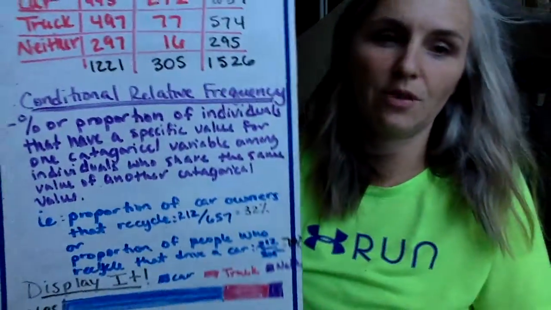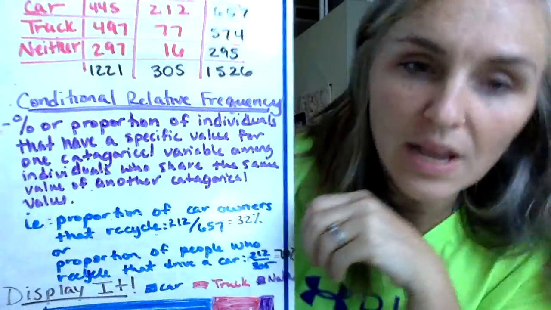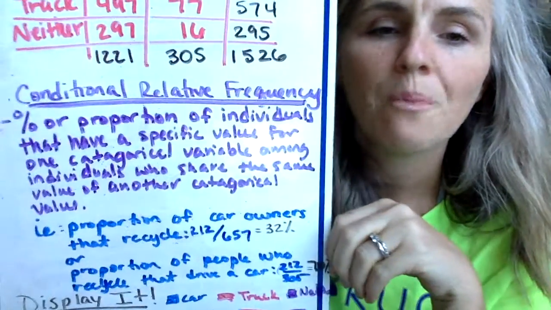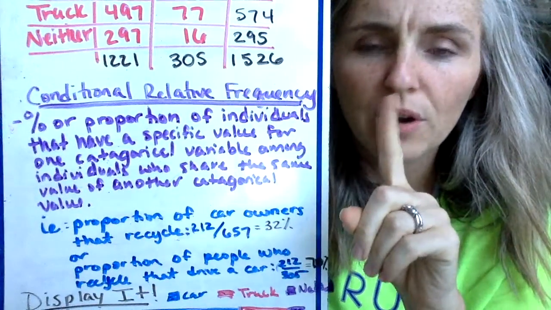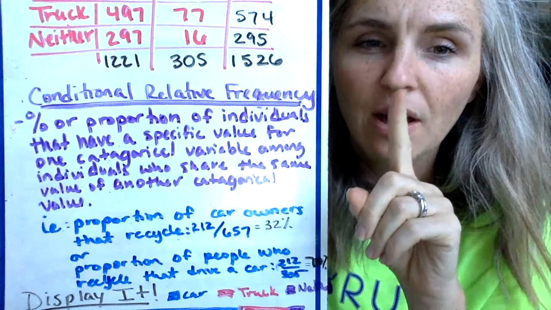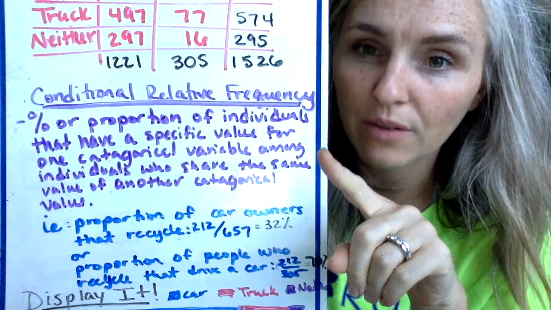We're not going to use that total anymore. Our formal definition of a conditional relative frequency is the percent or proportion of individuals that have a specific value for one categorical variable among individuals who share the same value of another categorical variable.